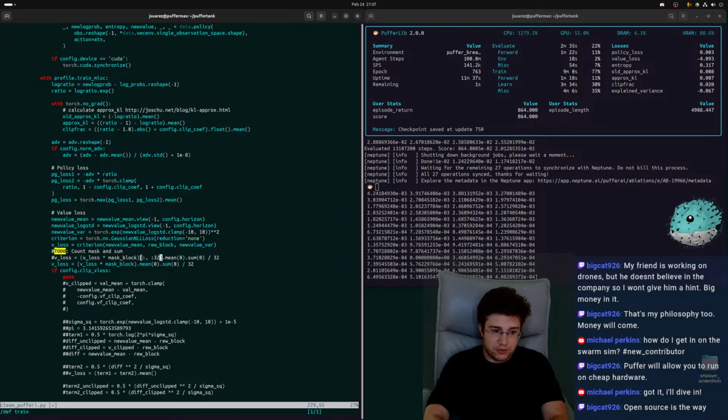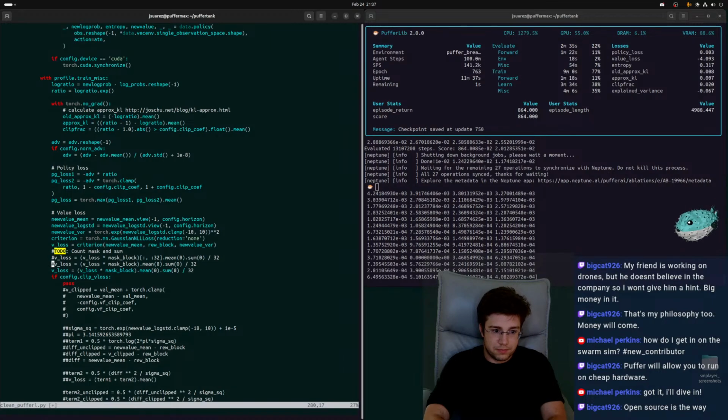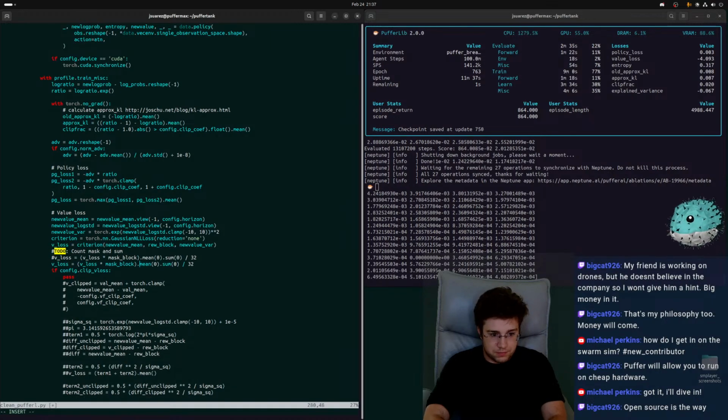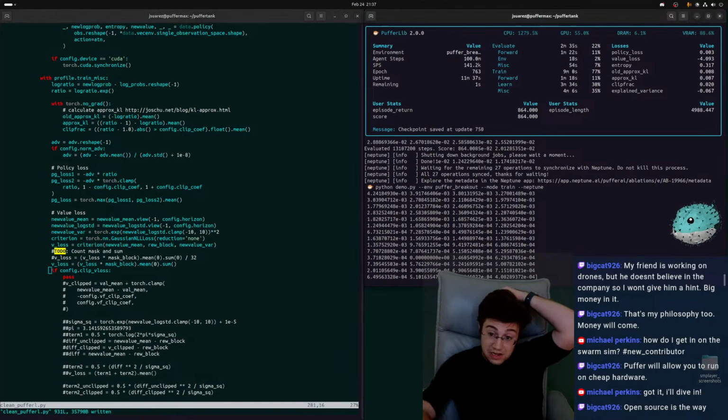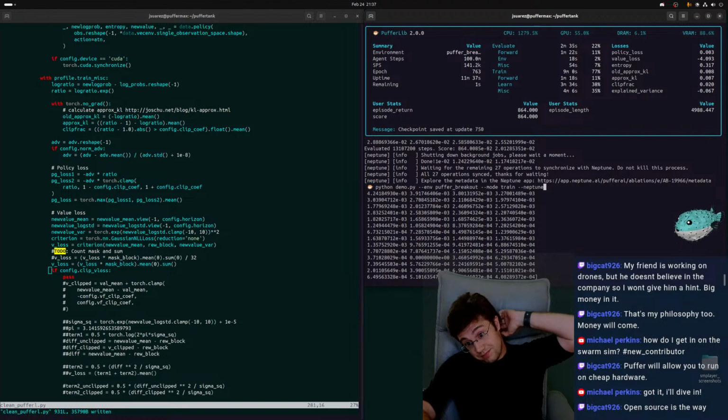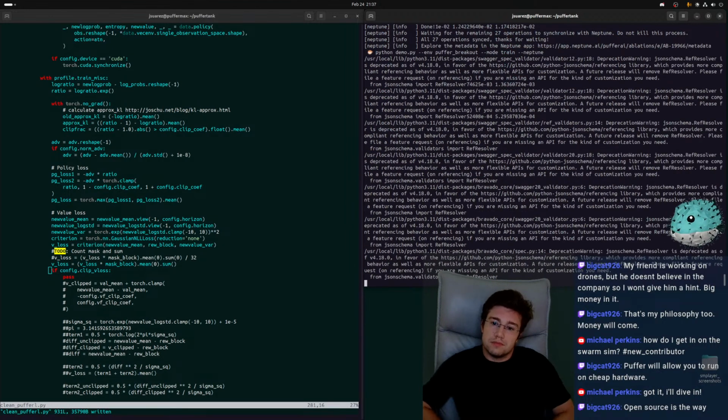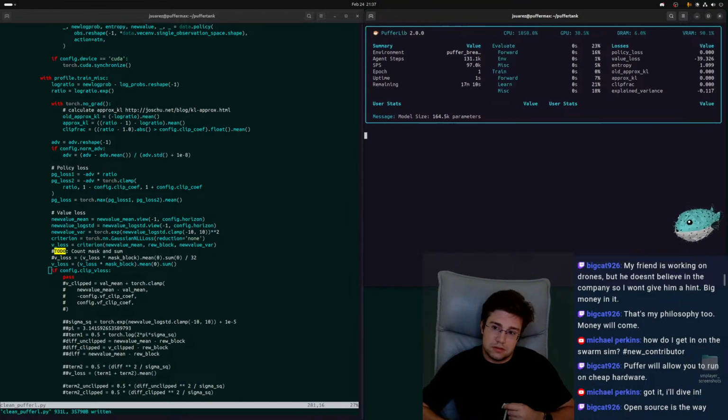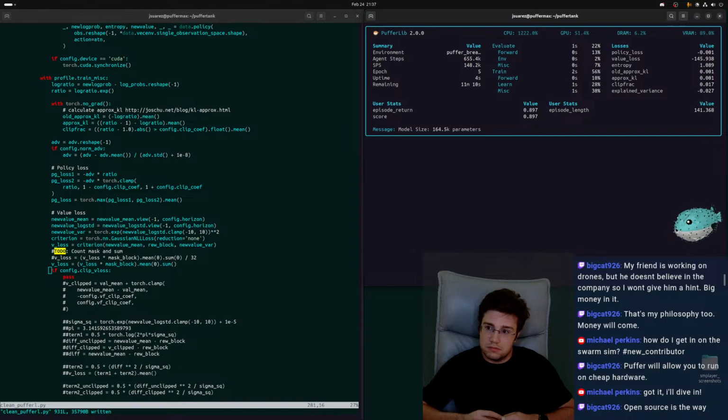This one I don't entirely understand. Does this just work? I doubt this works. This is probably unstable. Yeah, that's unstable, right?